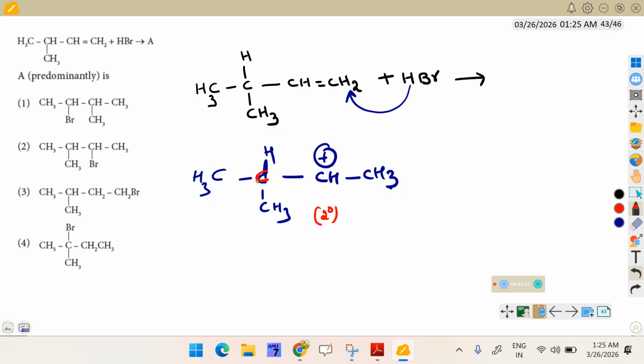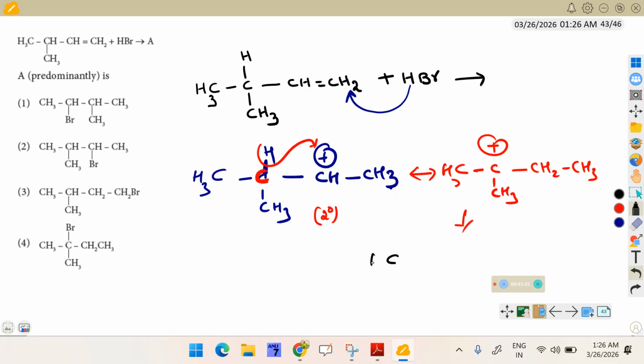Adjacent to it a 3-degree carbon atom is present. That's the reason hydride shift takes place. CH3, C, CH3, positive charge, CH2, CH3. Now you can add Br minus, then you will get CH3, C, CH3, Br, CH2, CH3.